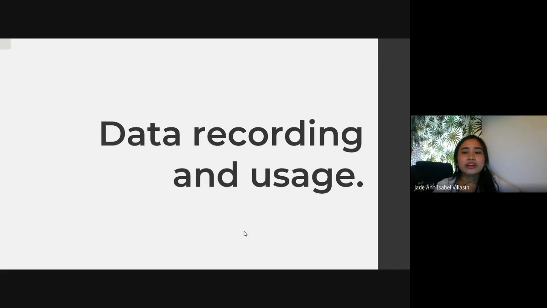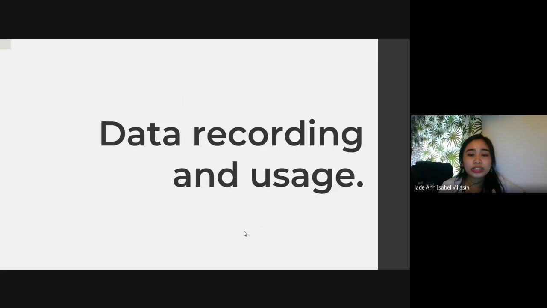Moving on, as I mentioned before, I keep mentioning the data recording and the usage. So, of course, this leans more on the facilitators of the assessment tool or anyone who will use the assessment tool.